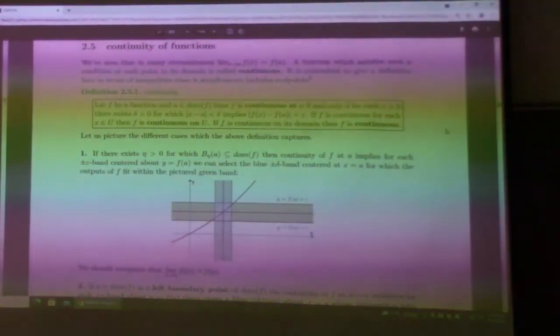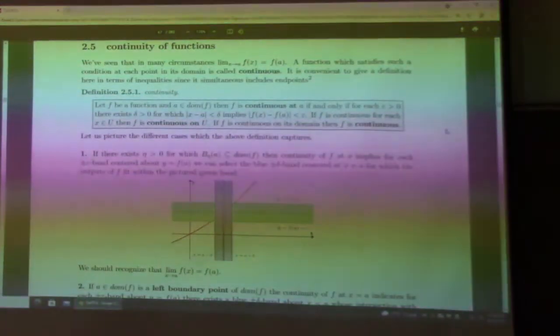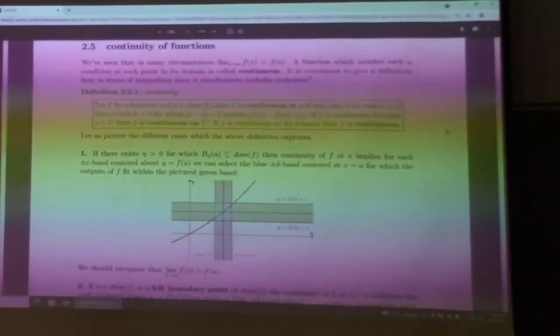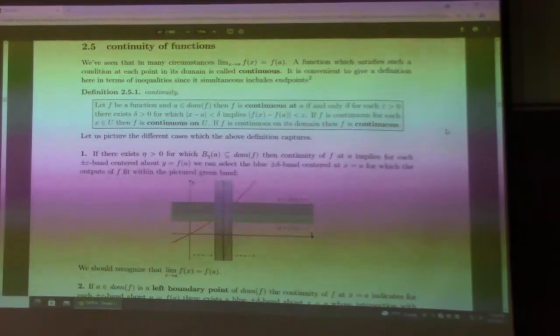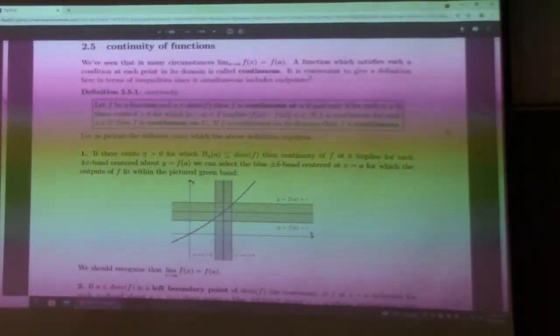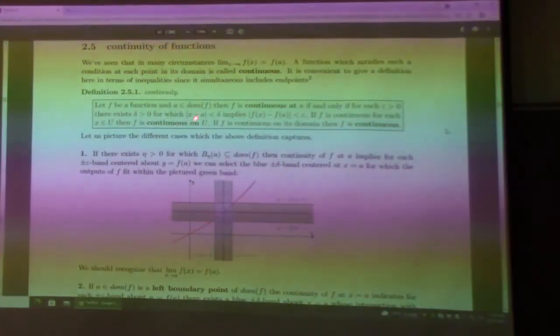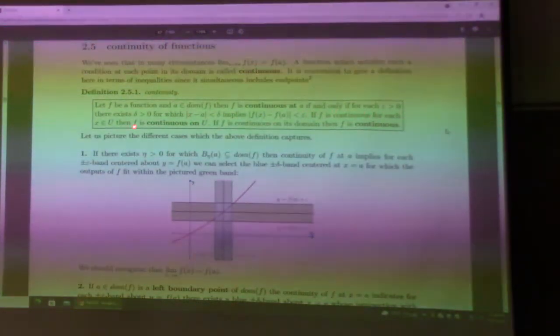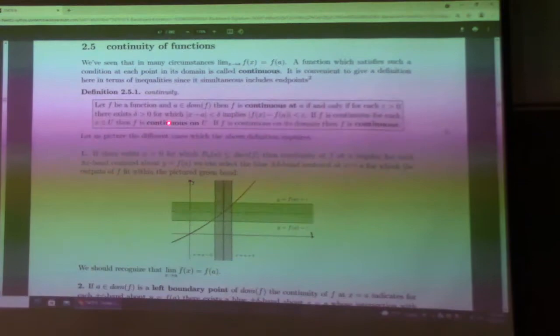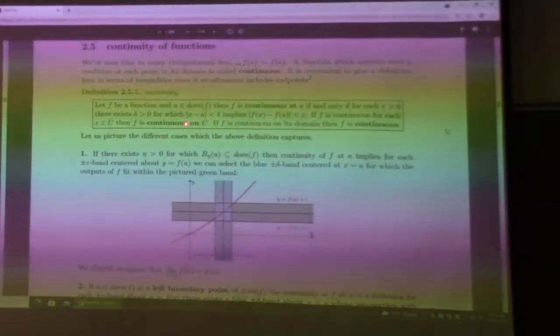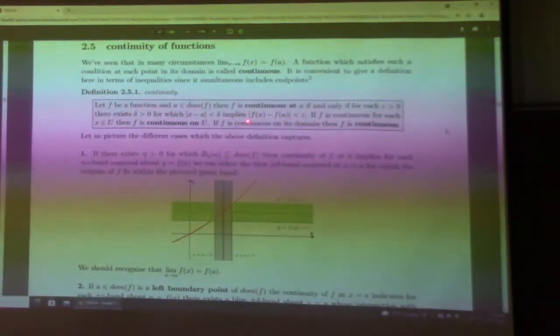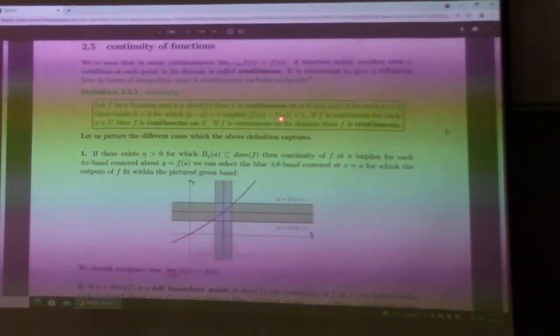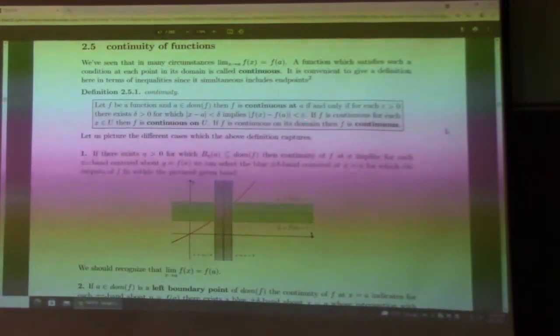Now, that's technically speaking not the proper definition, right? The proper definition of continuity is given in terms of epsilons. Let f be a function, a in the domain of f. f is continuous at a if and only if for each epsilon greater than 0, there exists a delta greater than 0 for which the absolute value of x minus a less than delta implies that the absolute value of f of x minus f of a is less than epsilon.